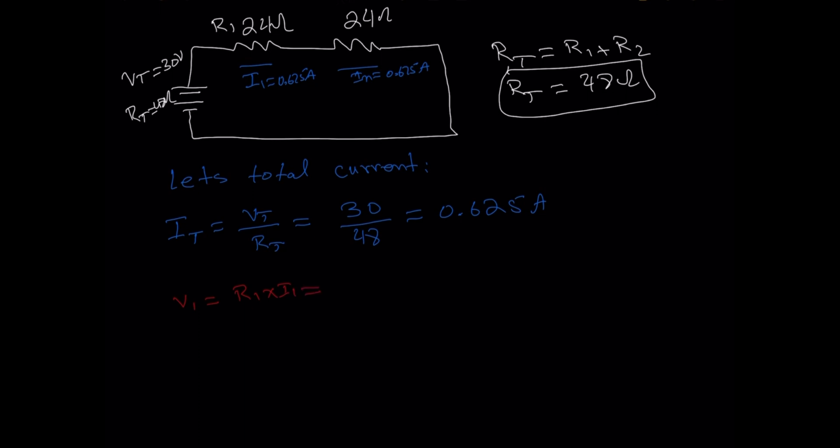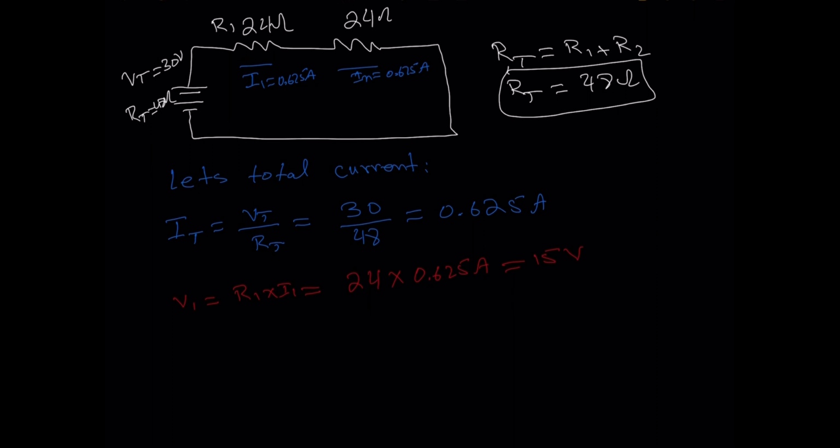R1 is 24 ohm times 0.625 amp. That will give me 24 times 0.625, which gives me 15 volts. 15 volts in resistor number 1.